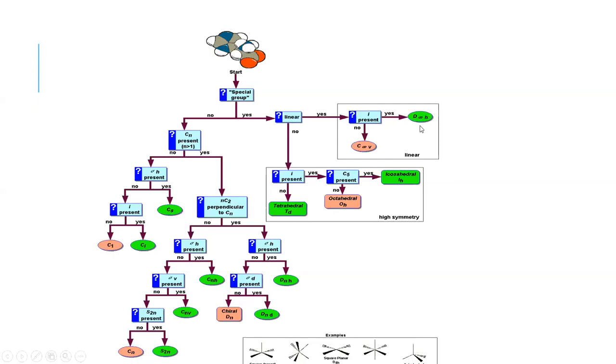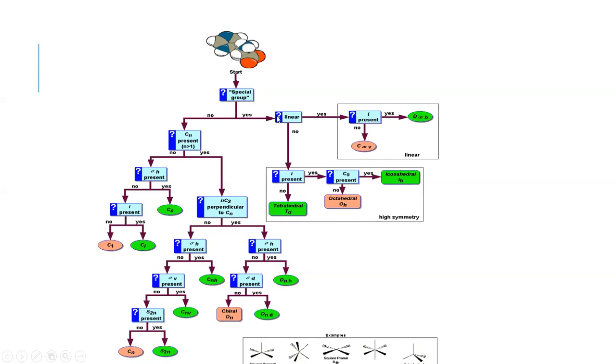One more example I can give of a molecule belonging to the point group D infinity h is acetylene, HC triple bond CH. So that belongs to the D infinity h point group.